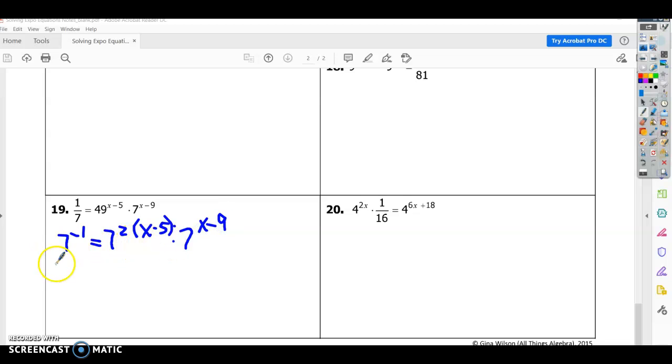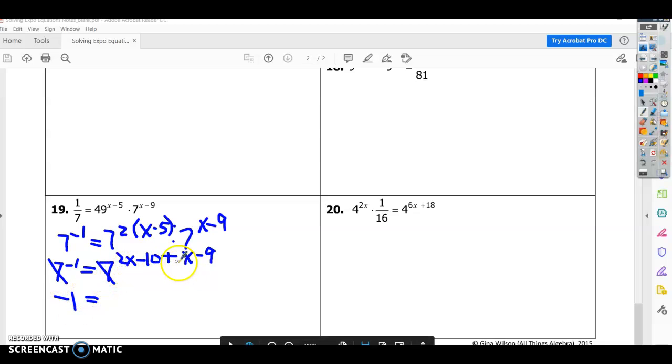Now that I have the same base, I can add exponents. So I'm going to have 7 to the -1 equals 7. And I'm going to have 2x minus 10. Same base, I can add my exponents. So I'm just going to put plus x minus 9. Same base, these cancel.